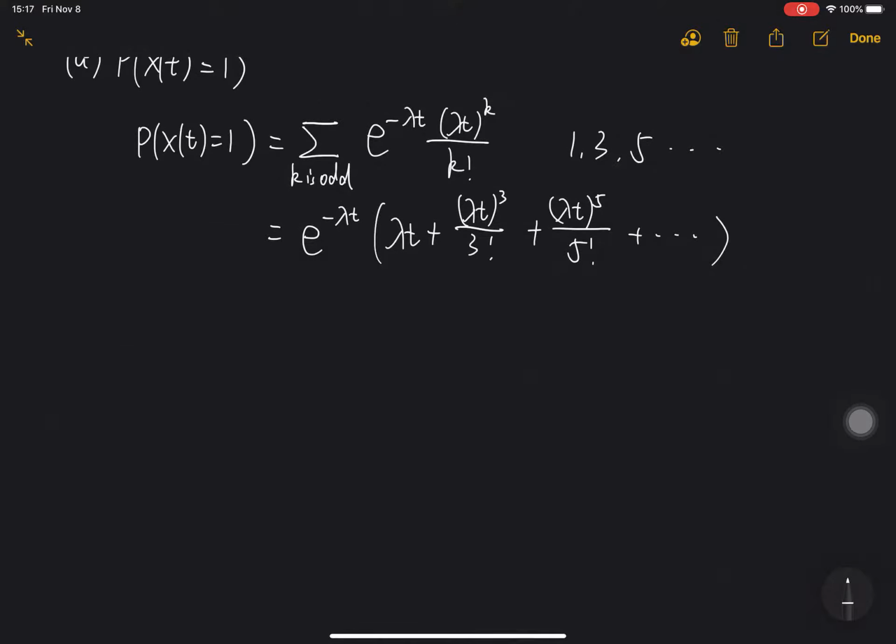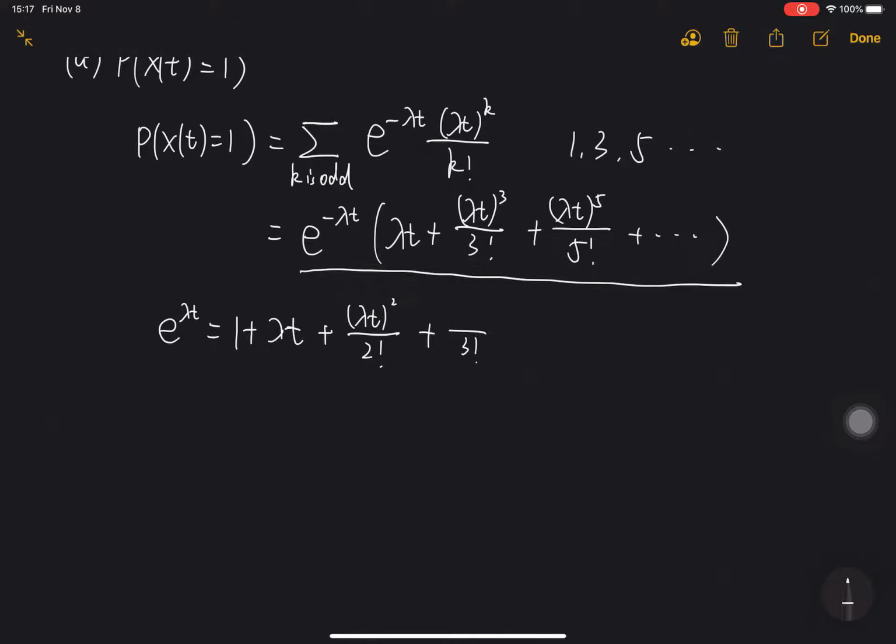So how do we get the result of this part? We can find another formula. We know that e to the lambda t can be written as 1 plus lambda t plus lambda t squared over 2 factorial plus lambda t cubed over 3 factorial, and so on.